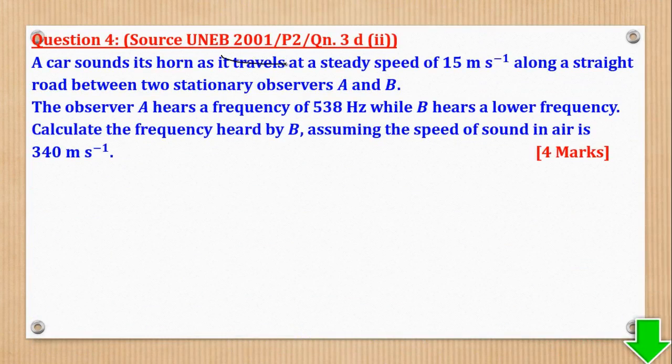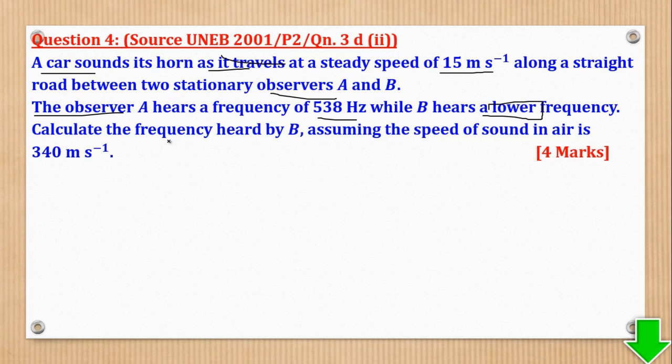Then question 4 came from U.A.C.E 2001 paper 2 question 3D, and it says a car sounds a horn as it travels at a steady speed of 15 meters per second along a straight road between two stationary observers, A and B. The observer A hears a frequency of 538 Hz, while B hears a lower frequency.